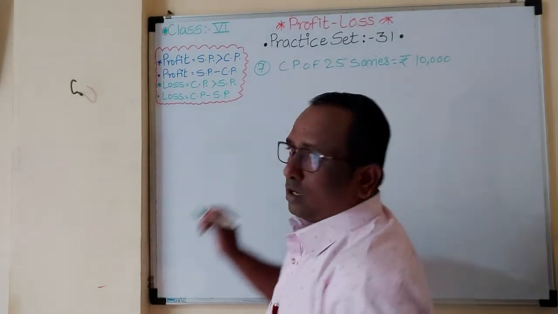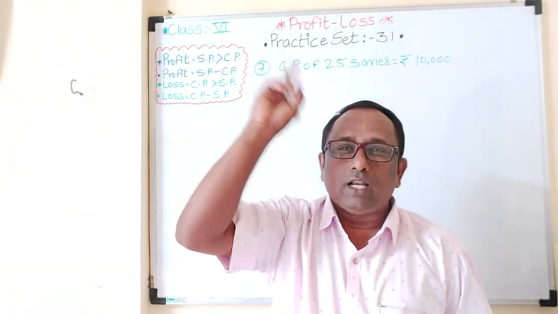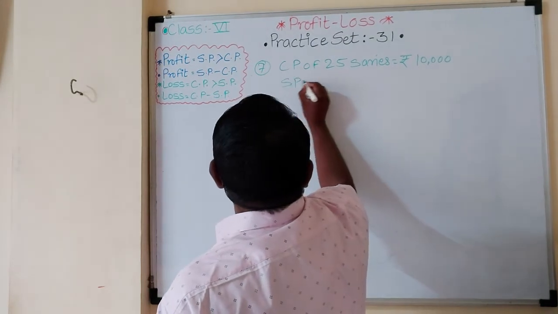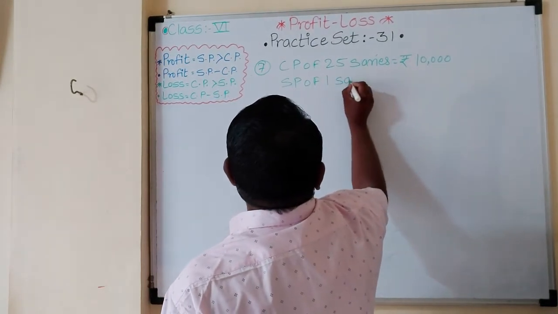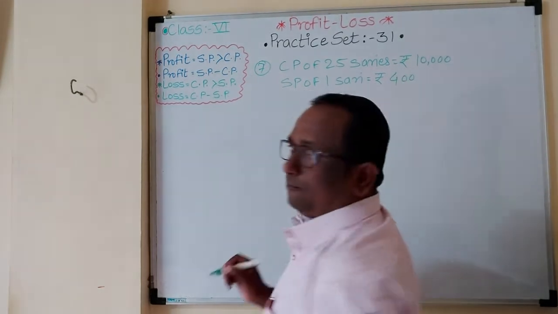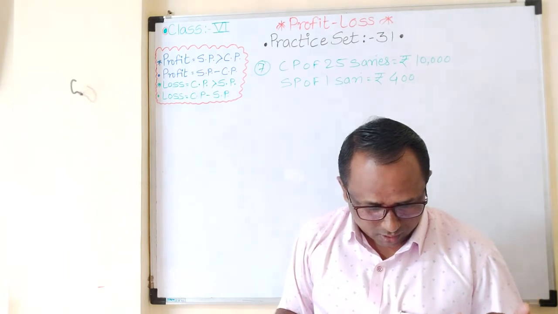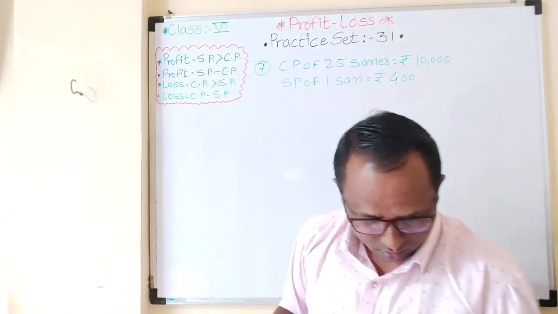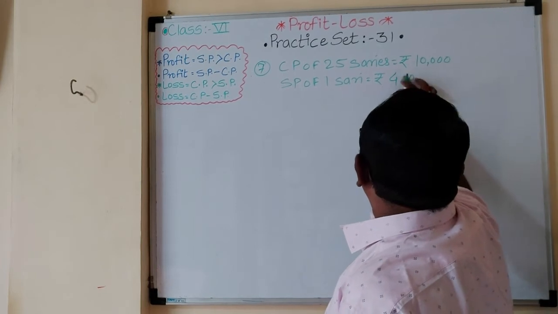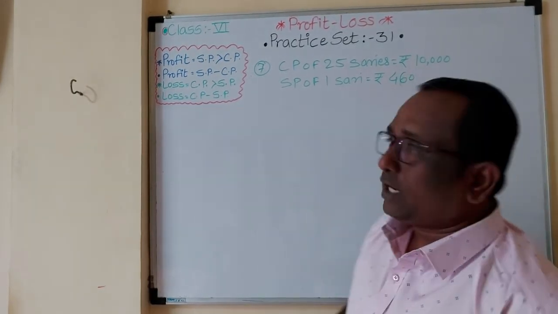Then, as stated, the cost price is given. So the selling price of one sari is equal to rupees 460. Okay, 460. Now the selling price of one sari is 460.